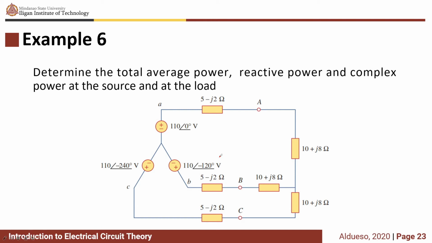Determine the total average power, reactive power, and complex power at the source and at the load. We have a balanced Y to Y configuration with Z-line impedances, which are also equal.